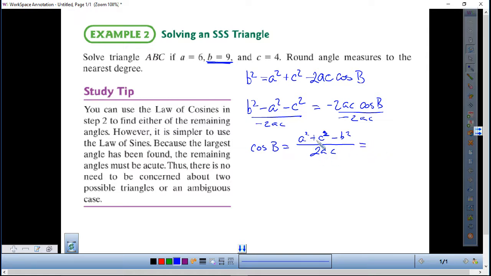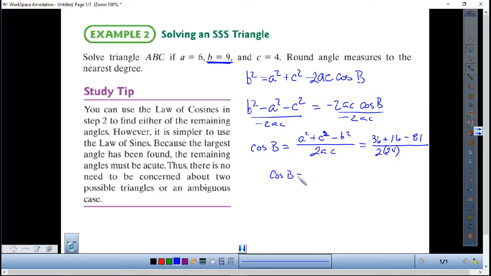So when you plug everything in, you're going to end up with 6 squared, which is 36, plus c squared, which is 16, minus b squared, which is 81, divided by 2 times a times c, so 2 times 6 times 4, which is 24.